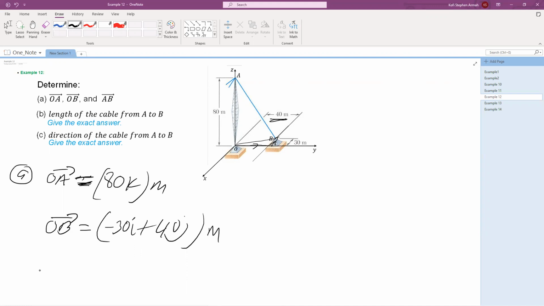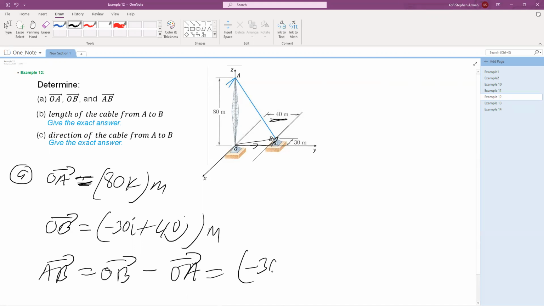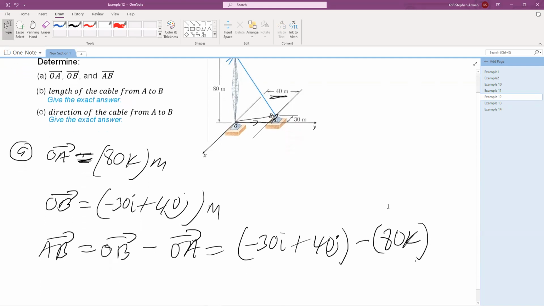Then they want you to find AB. To find AB, as we said before, this is OB minus OA. OB is -30I plus 40J, then minus your 80K.